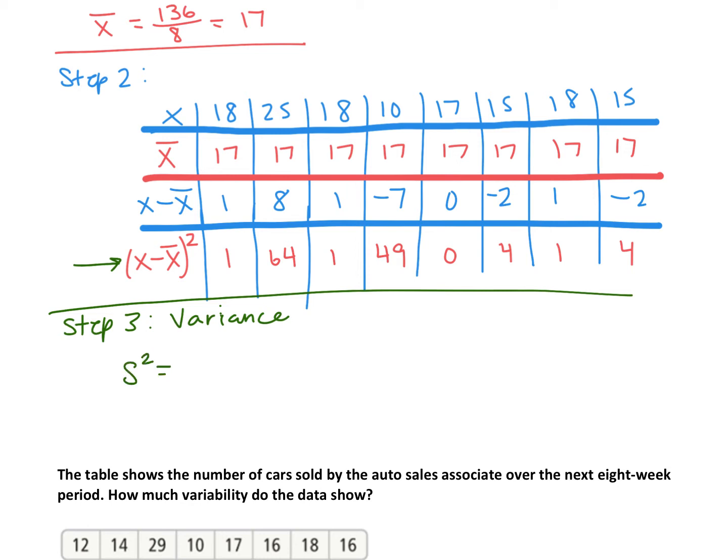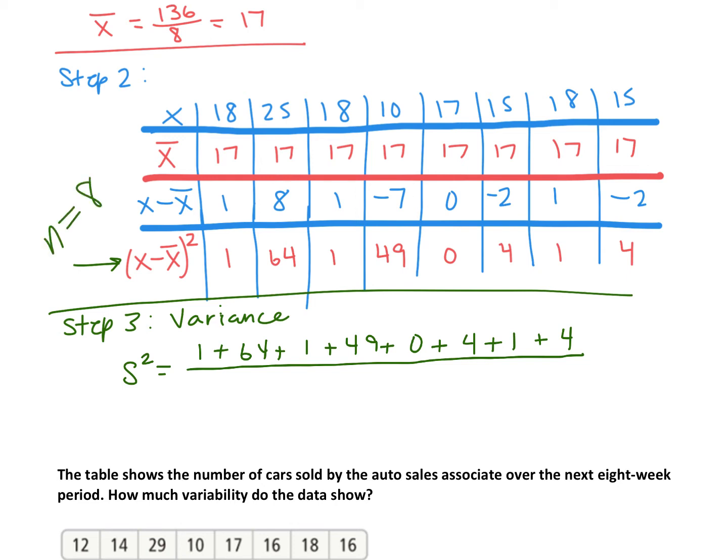Well, we're going to add all those numbers up. 1 plus 64 plus 1 plus 49 plus 0 plus 4 plus 1 plus 4. Okay, we're going to divide by n minus 1. So remember, we had an n minus 1 up above, and our n is equal to 8 because we have 8 values in our data set.